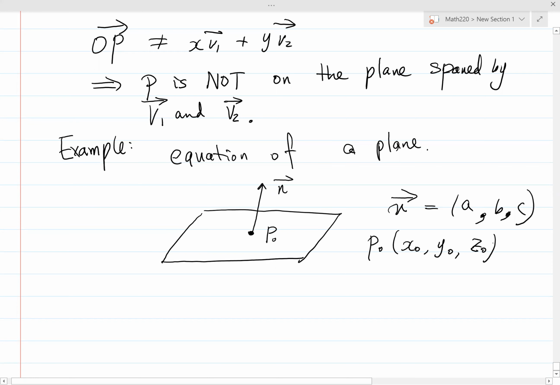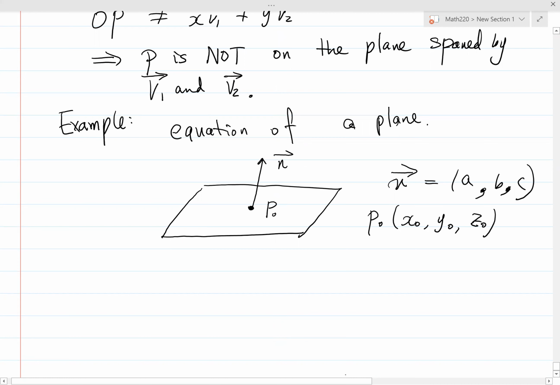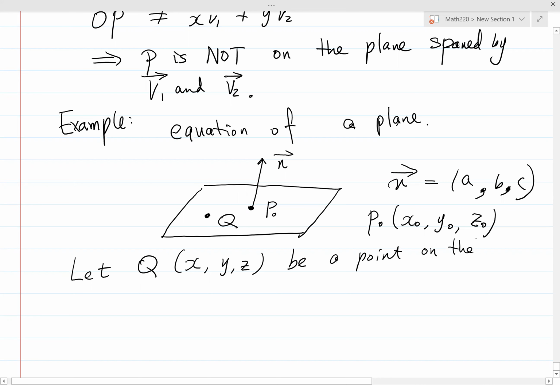Then how do we determine the equation of the plane? Now suppose we have any point Q, let Q be (x, y, z), a point on the given plane.